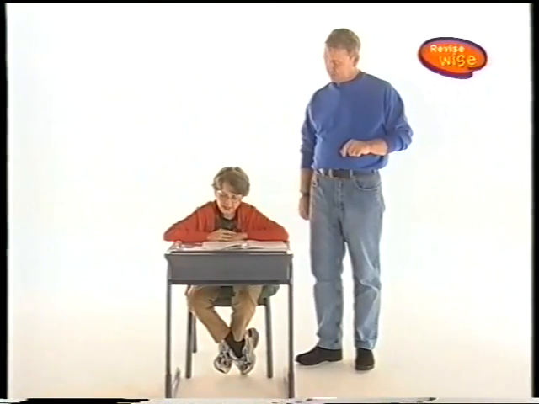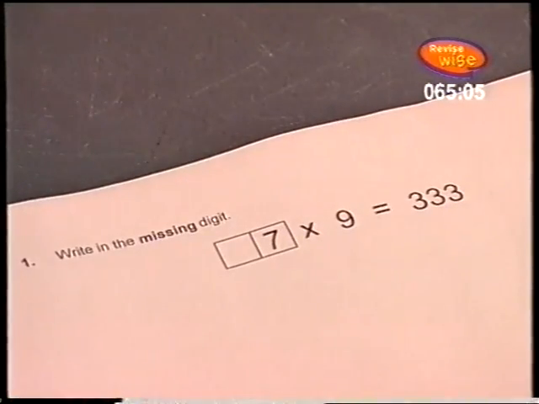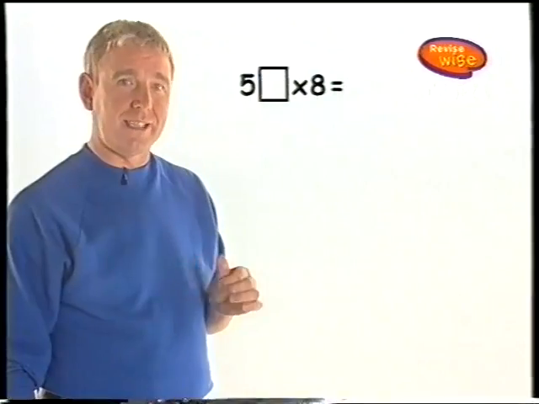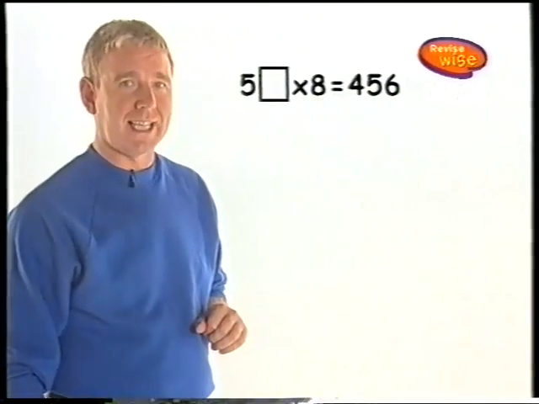Here's another multiplication question, but it's got a digit missing. Missing digit questions like this often come up in tests, and they can seem tricky to work out. Just keep your wits about you and use what you know to get the answer. Try this one. 50-something times 8 equals 456.